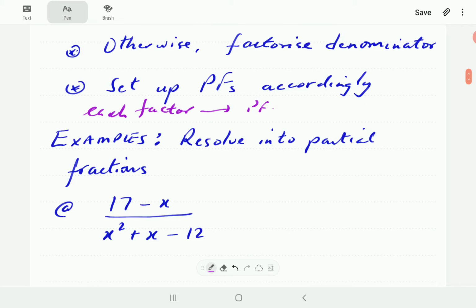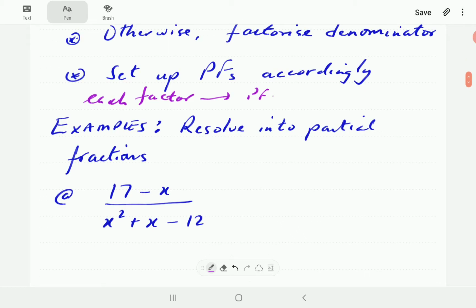Now, here is an example. Resolve into partial fractions 17 minus x over x squared plus x minus 12. You're going to notice that the degree of the numerator is 1 while the degree of the denominator is 2.